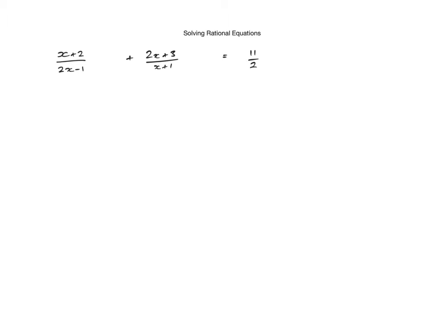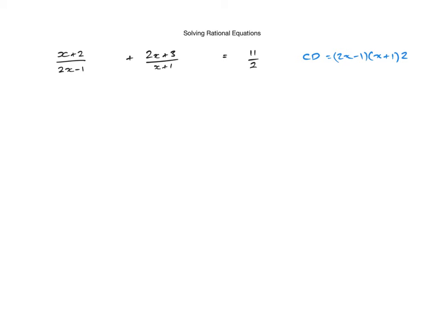Well, the first thing we need to do, guys, is look at what's called a common denominator. In order to get your common denominator, all you do is multiply the denominators together. So our common denominator, our CD, is equal to 2x minus 1 multiplied by x plus 1 multiplied by 2.